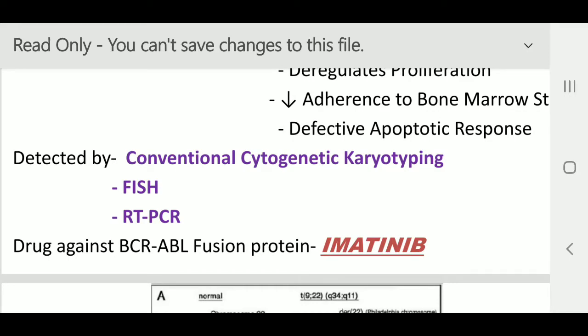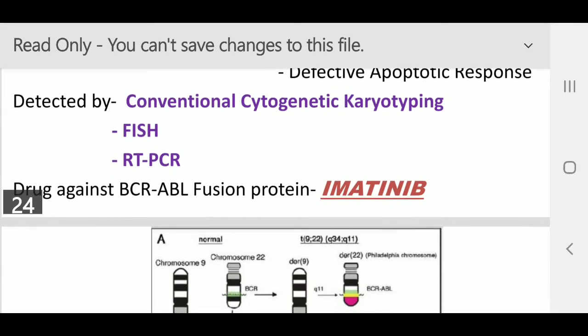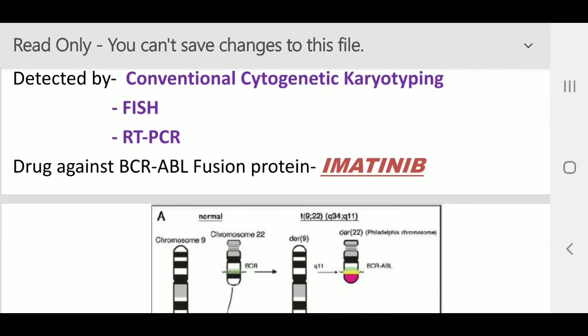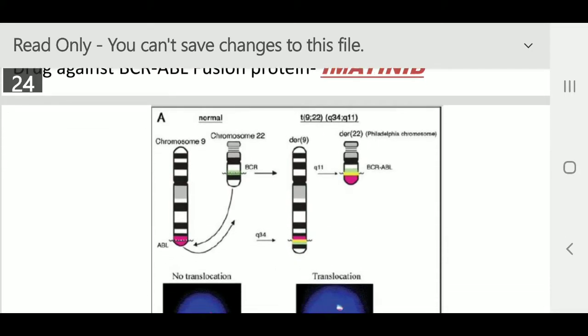CML is detected by conventional cytogenetic typing, FISH and RT-PCR. The drug against BCR-ABL fusion protein is imatinib. That is a very effective drug, with once a day oral dosage.